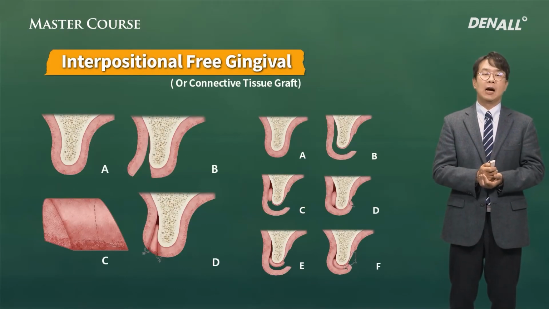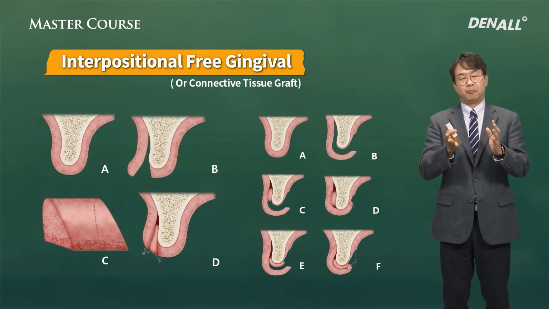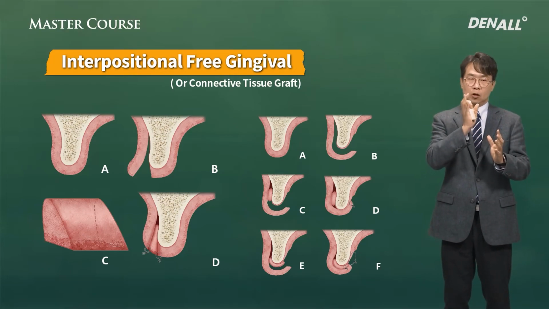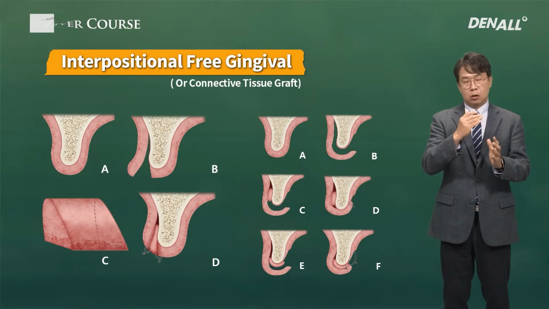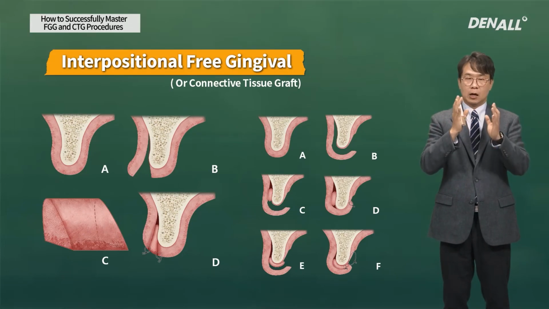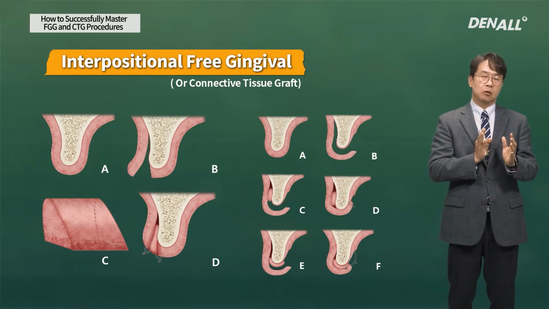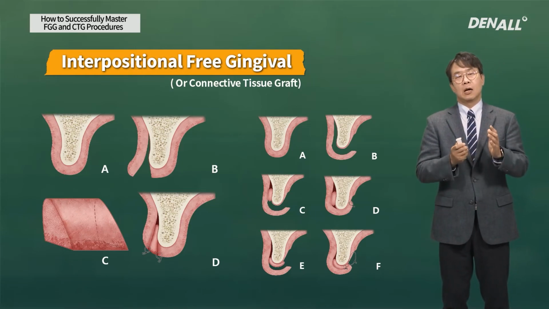There are many different ways. On the right, on the labial side, graft can be inserted, or it can be put over the crest, or it can be made in the form of a wedge and inserted labially from the crest.